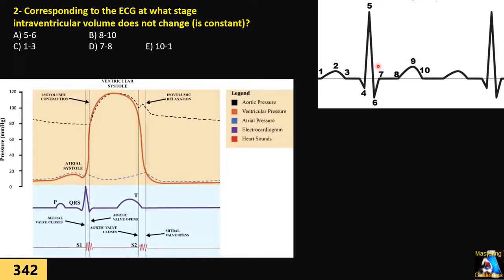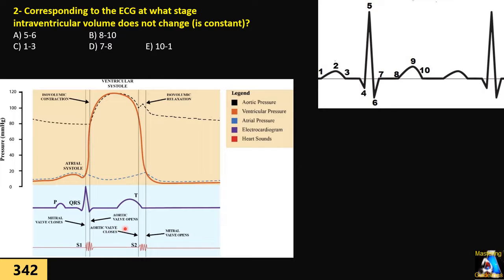At two stages, we have constant volume of the ventricle. One is IVCT and the other is IVRT, isovolumetric contraction time and isovolumetric relaxation time. In those two situations, all heart valves are closed, so ventricle size doesn't change.